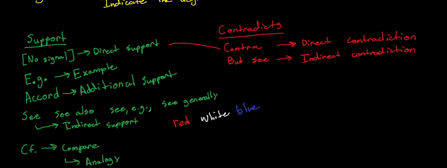There is also the but CF. Again, I've never used this one, but it's sort of the opposite of the compare. If you want to cite a case that by analogy contradicts what you're claiming, then you can use but CF.